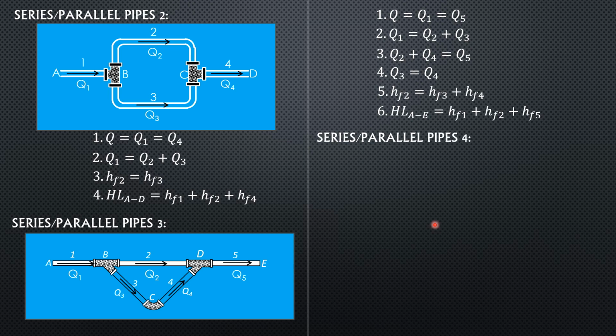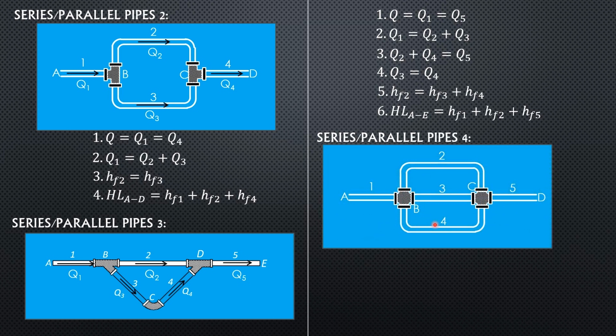Then series parallel pipes case 4, we have 3 pipes that are parallel. So for the discharge, Q equals Q1 equals Q5. Q1 equals Q2 plus Q3 plus Q4.